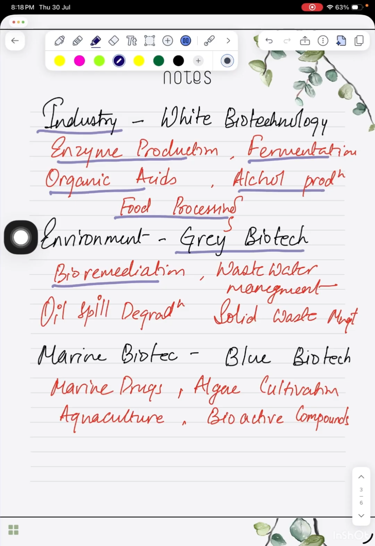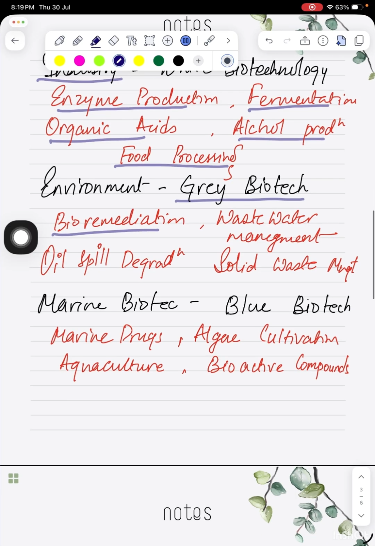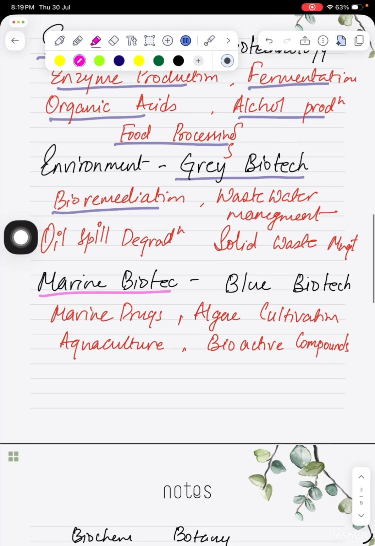Wastewater management: yes, we use certain microorganisms to remove the waste from the water. Oil spill degradation, a very common method, and also solid waste management. Okay, so if we are using different microorganisms to help make the environment more sustainable, that is called grey biotechnology.